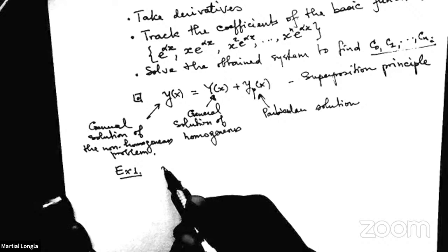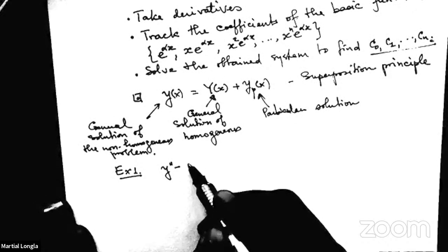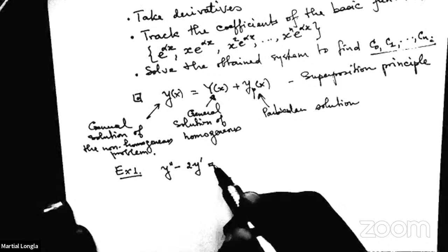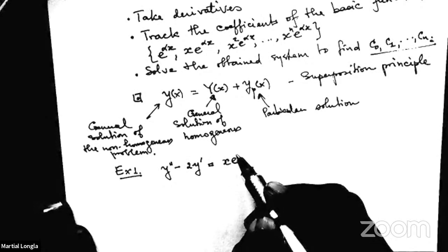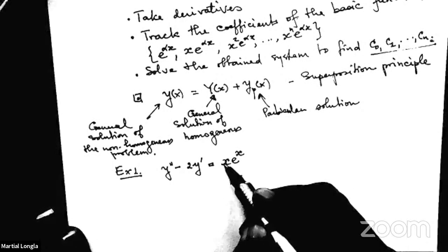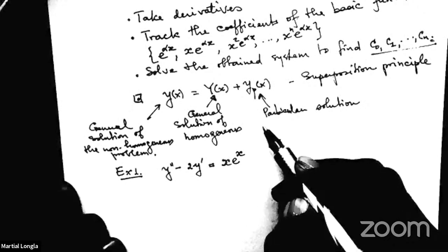Let's say we have this equation. And that would be the first problem in which we have a non-zero right-hand side. How do we solve it? Let me start here.